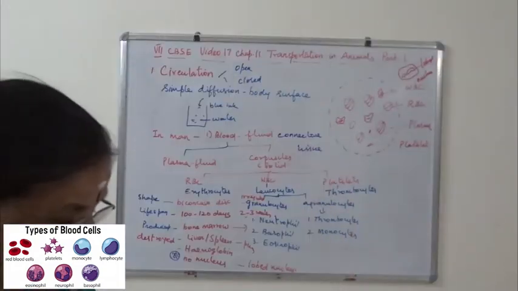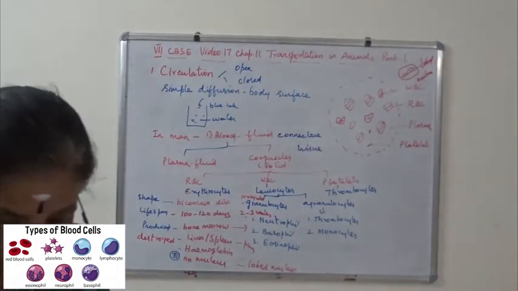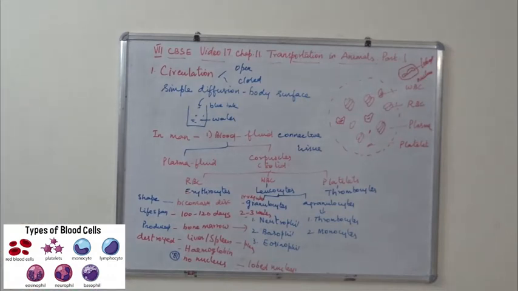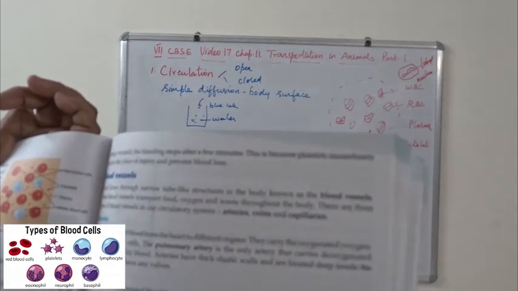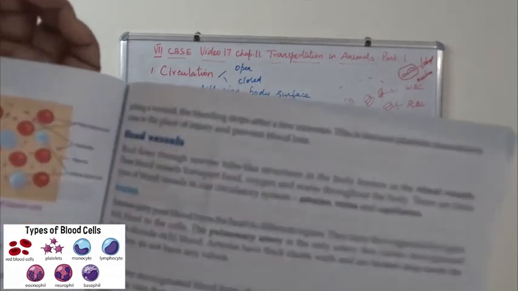See the labeling, structure of blood. Labeling is RBC, WBC, platelet. Right? Then we have one minute. RBC, WBC and platelet. Right? Go through the blackboard. The types of blood cells are clear in the booklet: RBC, platelet, blood plasma, white blood cells.